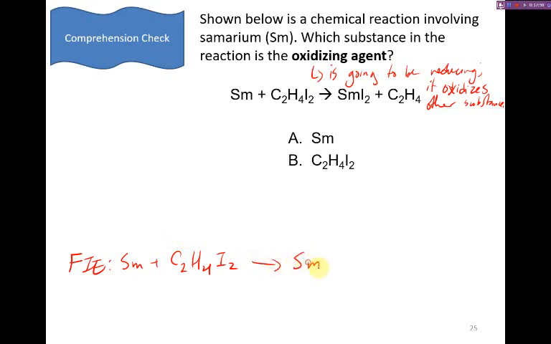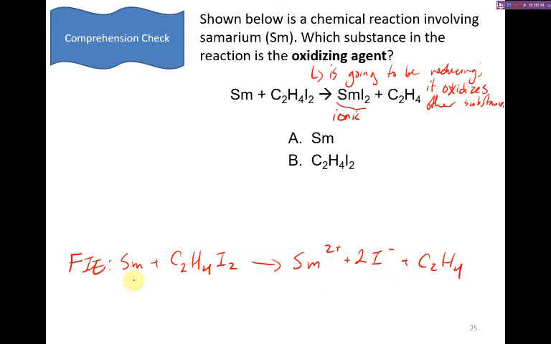That yields samarium 2 plus, 2 iodide ions, plus C2H4. Now, how did I know that it was going to be I minus as opposed to I2 with the 2 minus? Because this is an ionic compound and it always dissociates into its smallest pieces. And since iodide is not a polyatomic ion, it dissociates into the single iodide ions.